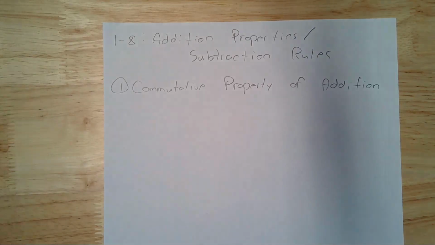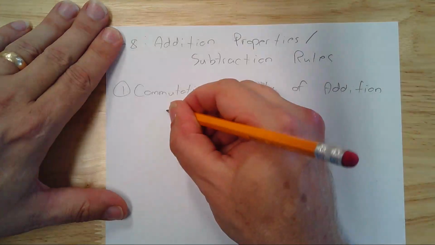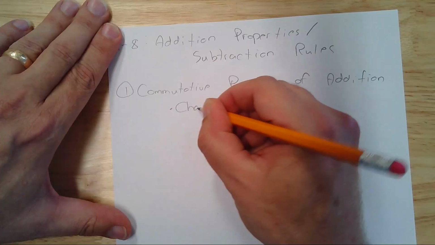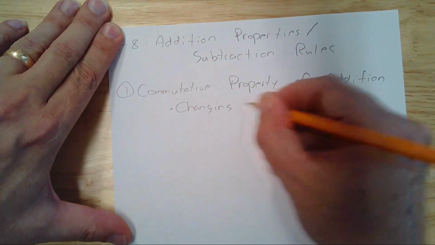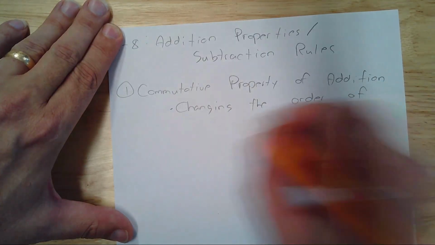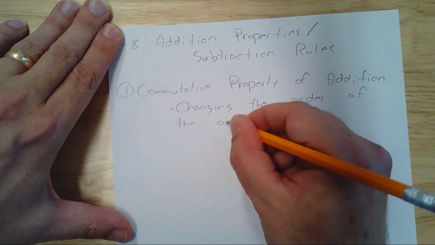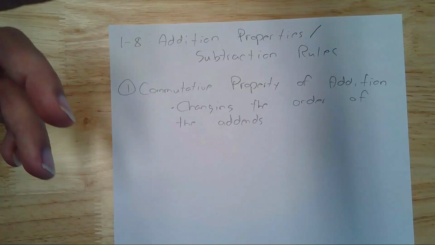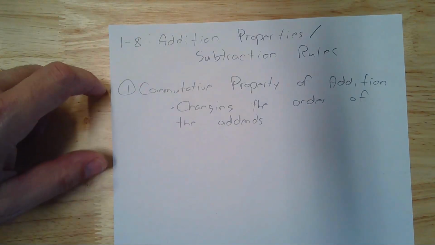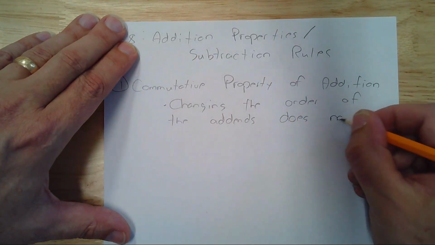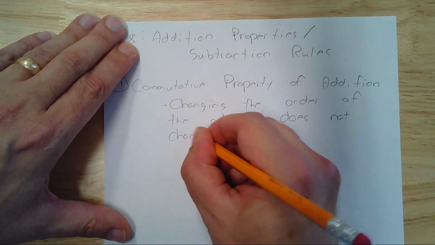So what this says is changing the order of the addends. Addend is one of the numbers inside an addition problem. But changing the order of the addends does not change the sum.